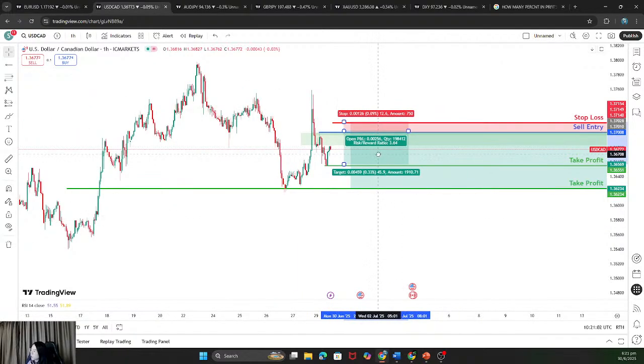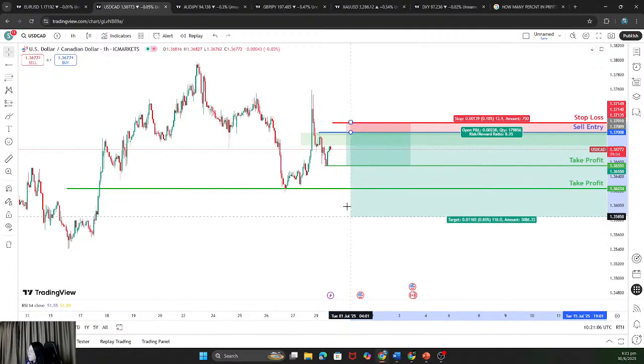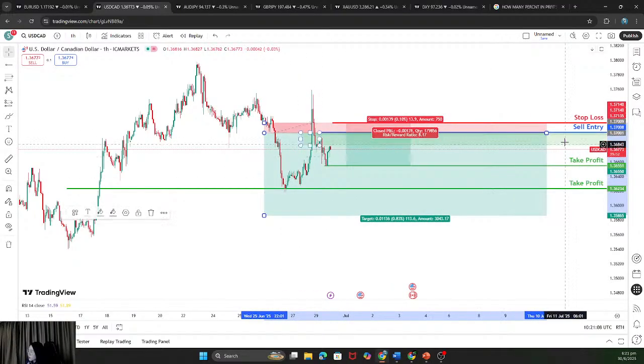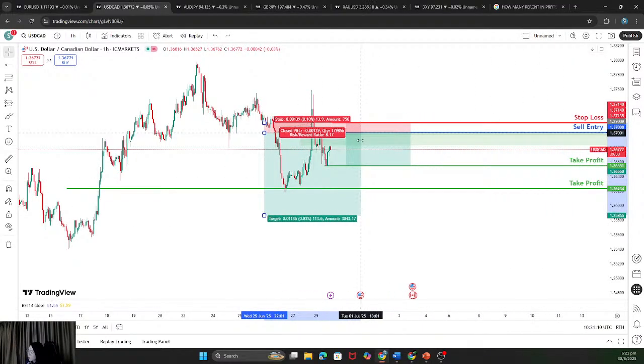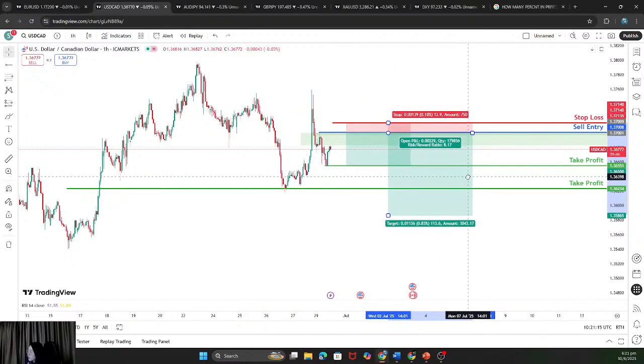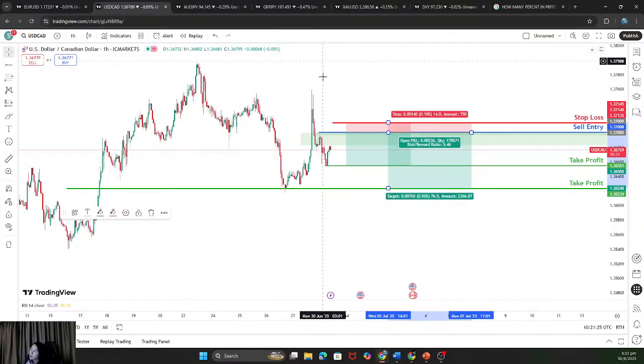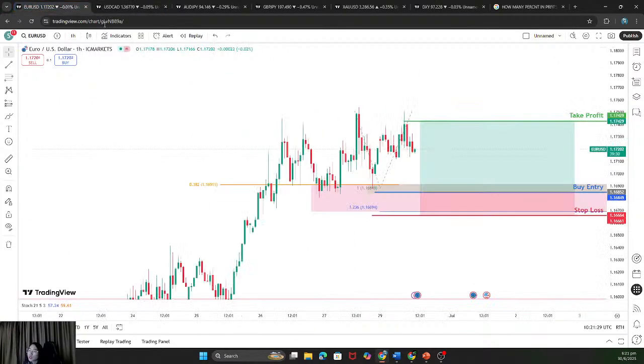It could work either way. Why is this thing so huge? Depending on where you get in, could be a 1 to 3.5 or it could be a 1 to 5.5. Looks pretty good. I just don't know if it's gonna work out.